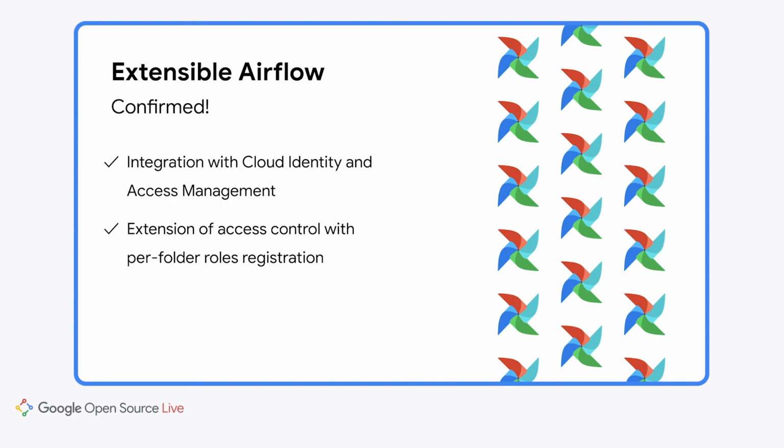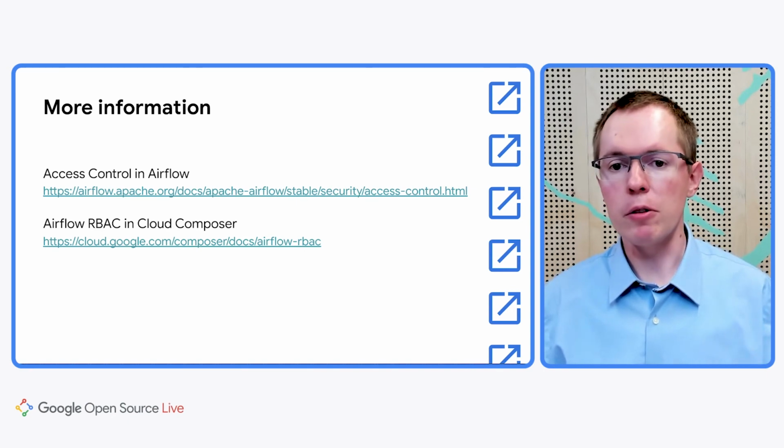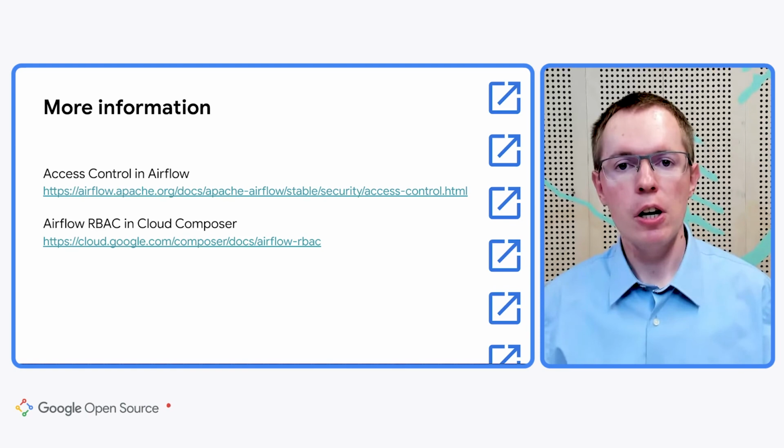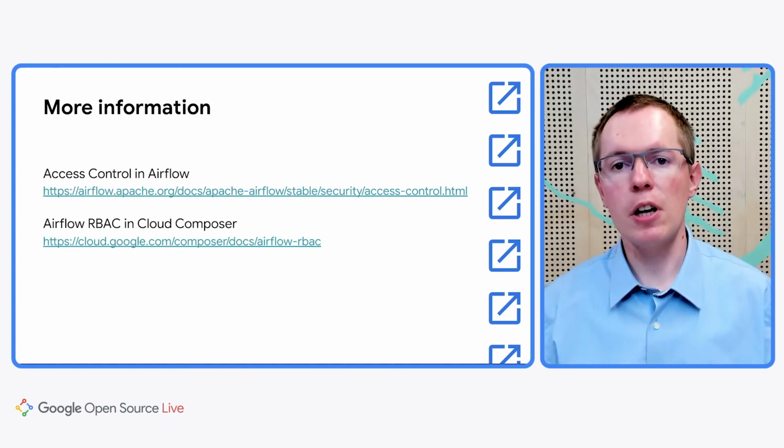We integrated it with cloud identity and access management in some form, and further extended Airflow access control with per-folder roles registration mechanism. And that was without deferring to many hacky patches, but rather using the available configuration and customization mechanisms. If you want to learn more about Airflow UI access control and its integration with Cloud Composer, please check out the Airflow documentation and Composer documentation as well.